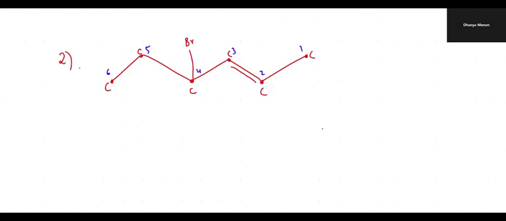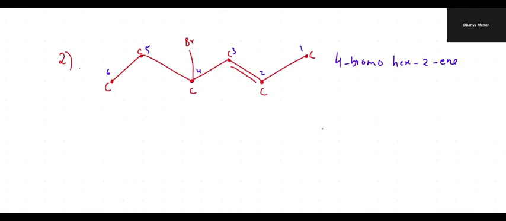Okay. So here, the substituent is at the fourth position, 4-bromo hex. At the second position, there is the double bond, so hex-2-ene.